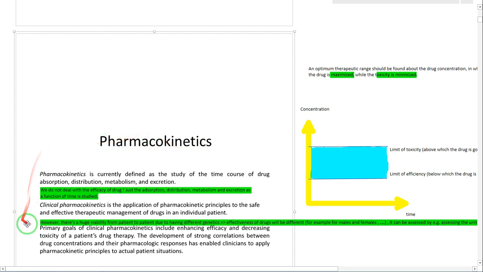We also have to take into account that for different patients we have a variability of pharmacokinetics of the drugs. For example, just consider a group of males or females. They have different genetics, so the pharmacokinetics is going to be different.